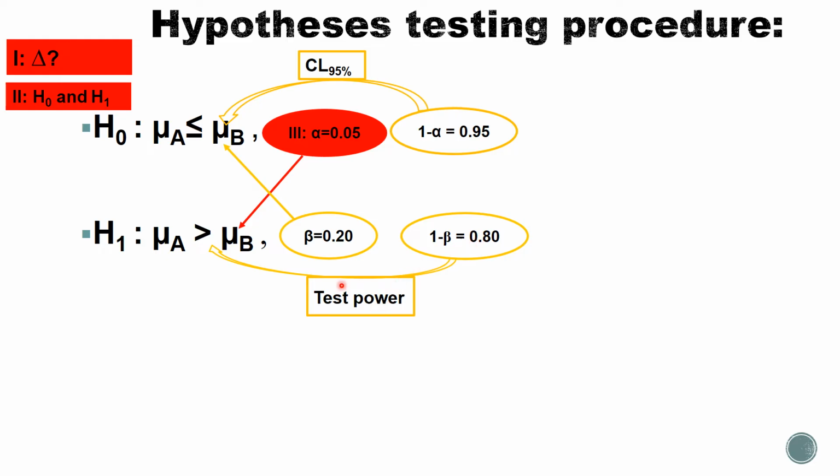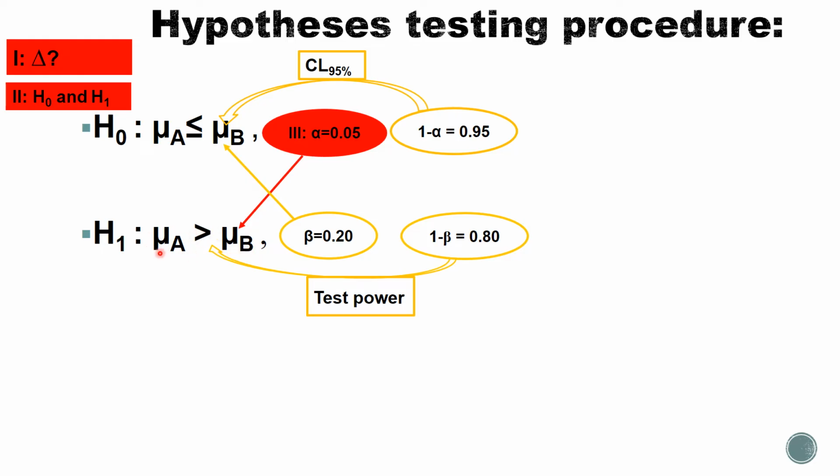In other words, the power of our test is the capacity of the test to prove that there is a difference between the population results, 2 or more population results, or sometimes a sample result compared to a population result, if really this difference exists.